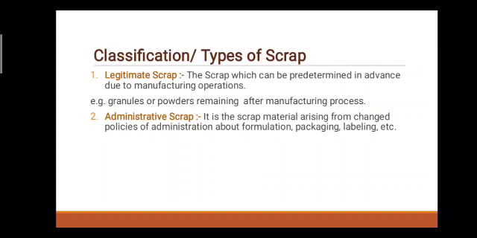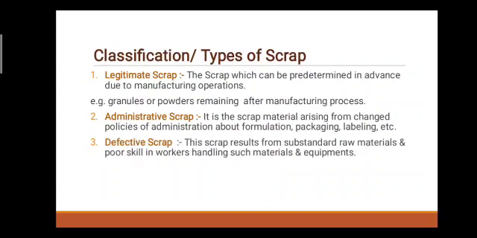It is the scrap material arising from changed policies of administration about formulations, packaging, labeling, etc. Third, defective scraps. These scraps result from substandard raw materials and poor skill in workers handling such materials and equipments.